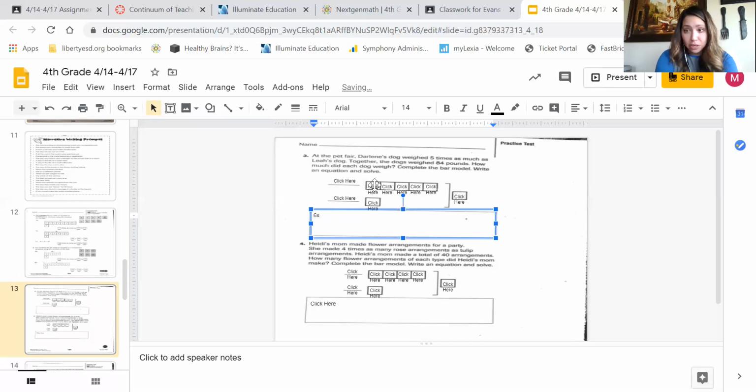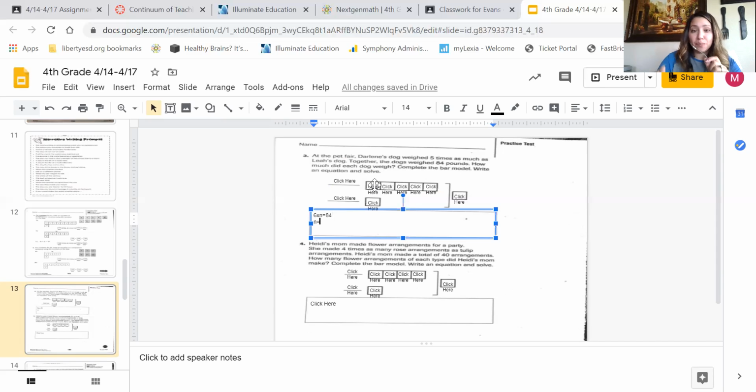Remember, I don't know what number goes inside the box yet, and it's represented by n. So 6 times n should equal 84. Now I need to think. 6 times what gives me 84? All right? And so that's where I would put n equals, and that's where you need to solve, okay?